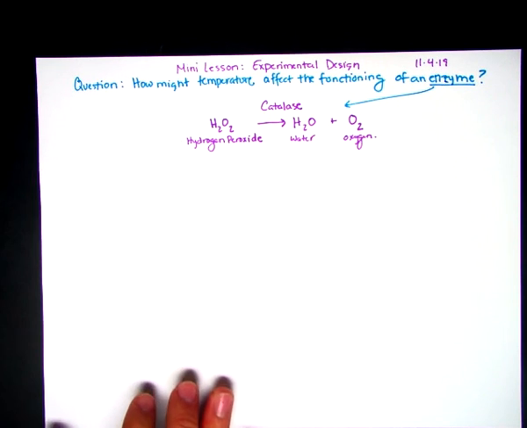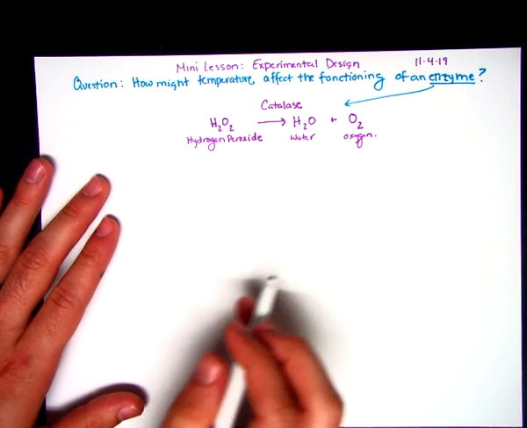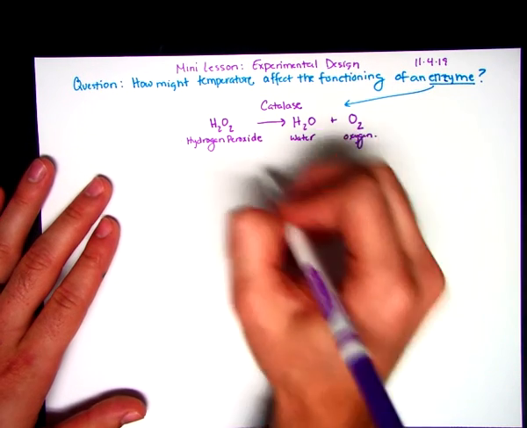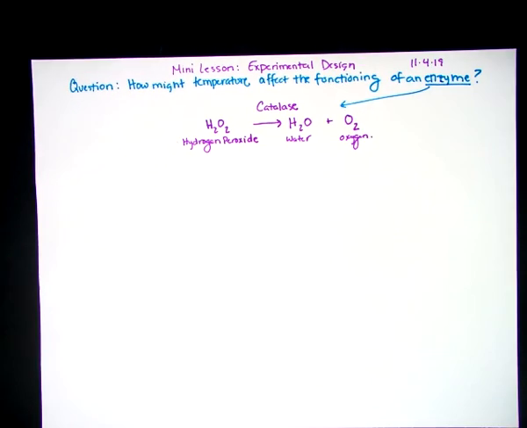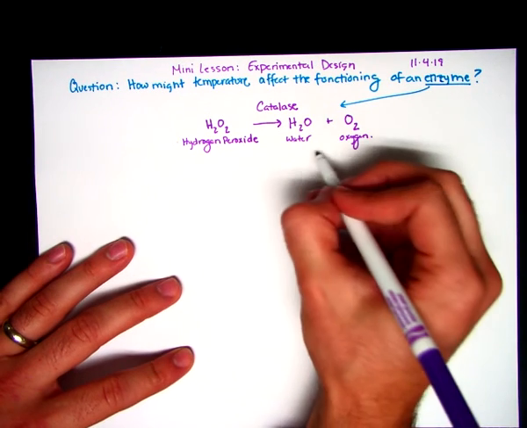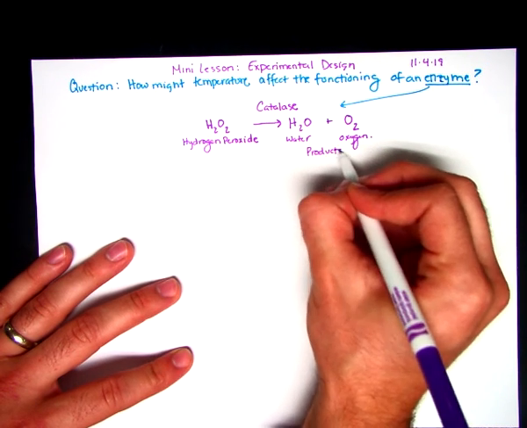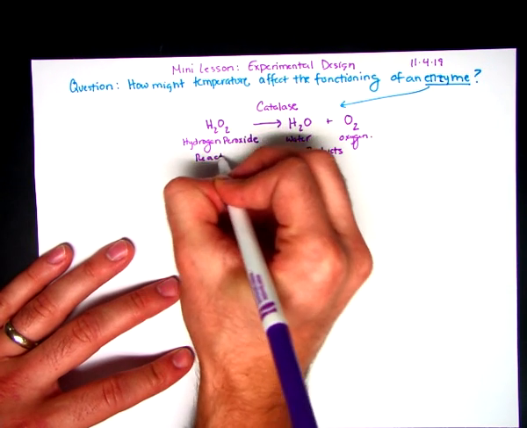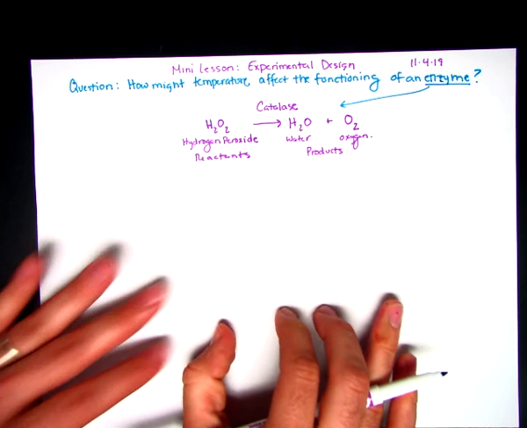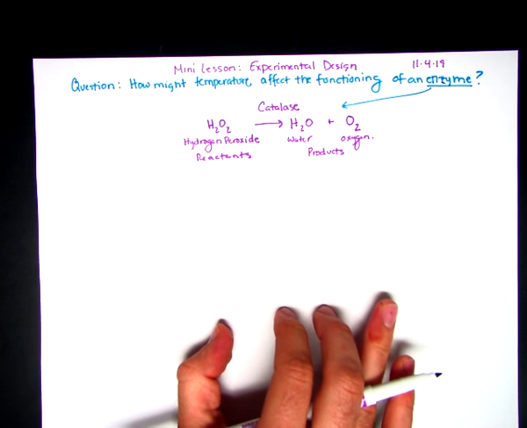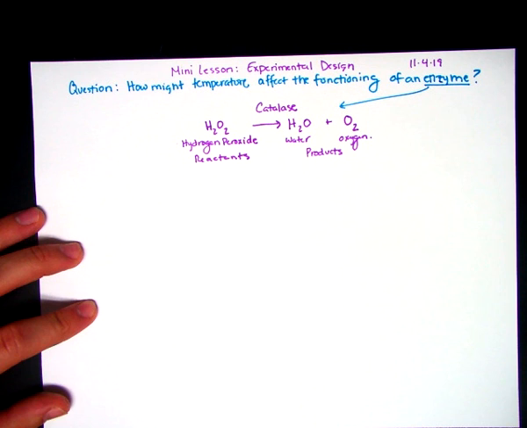So the way that we can think about this is we can measure the rates at which catalase is functioning by measuring the amount of products that are being formed. Okay, so if we think about this question, there's a couple different terms that we identify for our experiment.